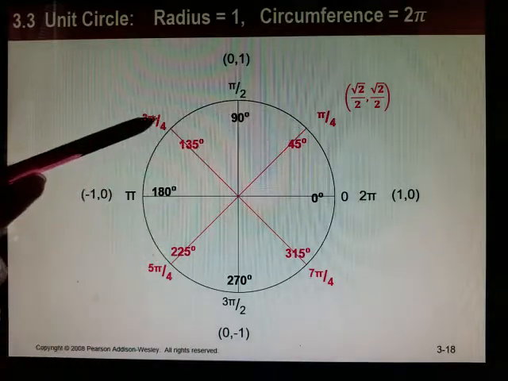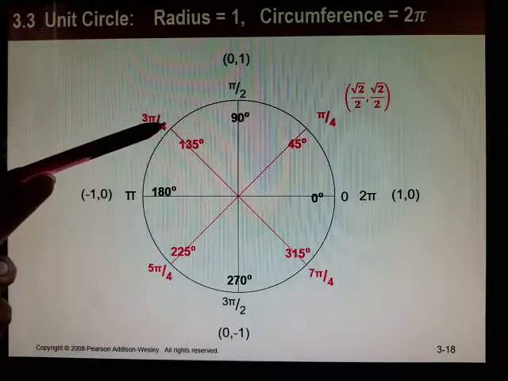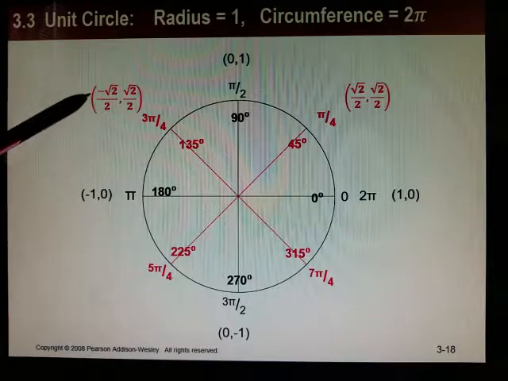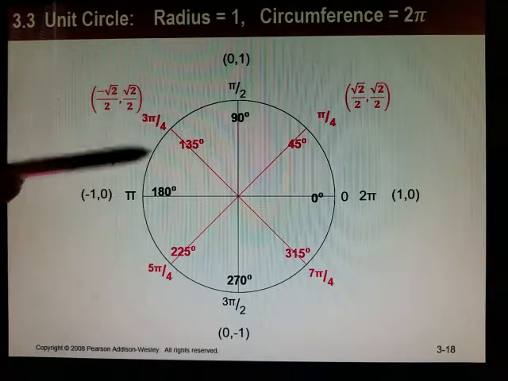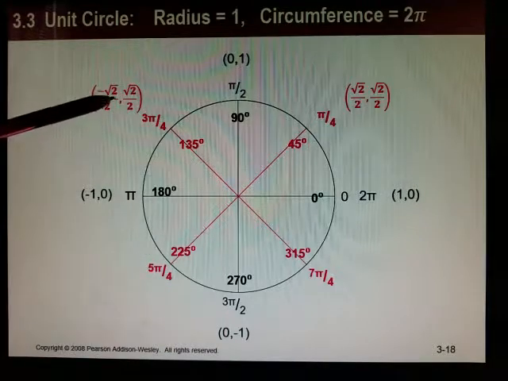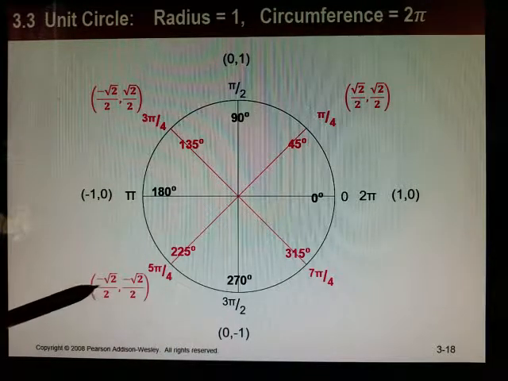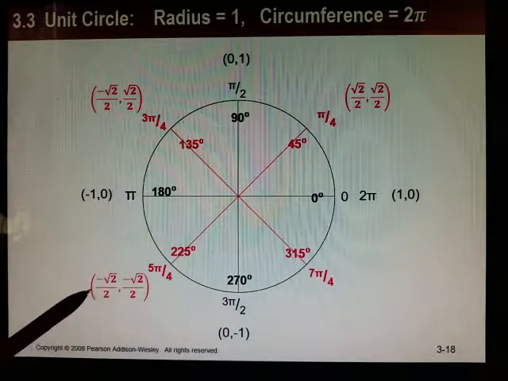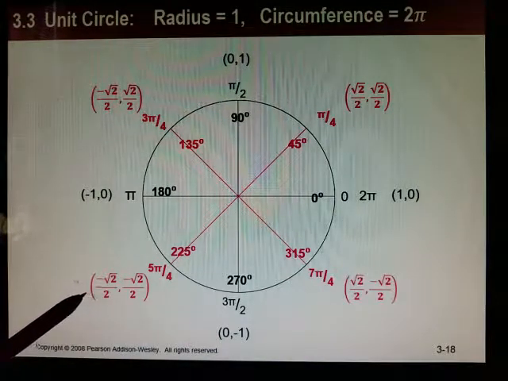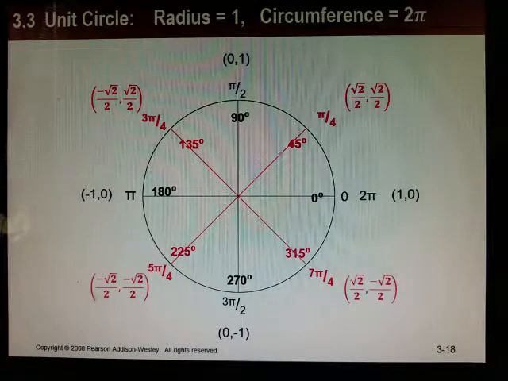This is symmetric about the y-axis, so you do negative x for x. This point to this point is symmetric about the x-axis, so you take negative y for y. From this point over to this one, it's symmetric with the y-axis, so I take the opposite of x for x, and that's how I get all the points in red.